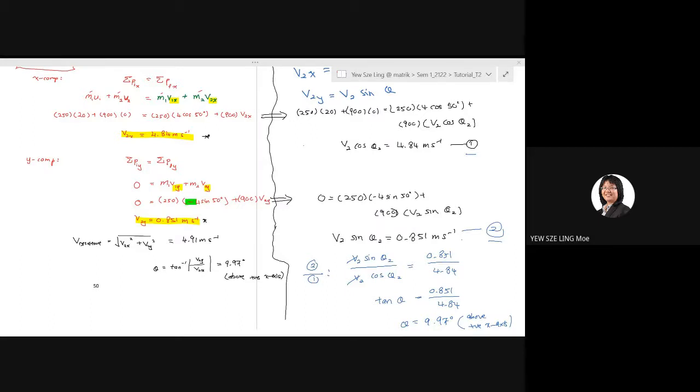So I give you 5 minutes to write it down. Meanwhile, I will be away from keyboard for 2 minutes because my battery is low. I need to get a charger.